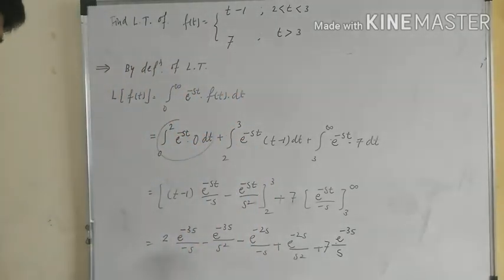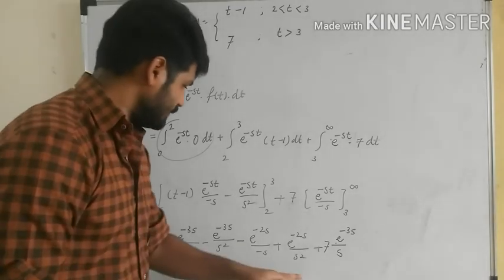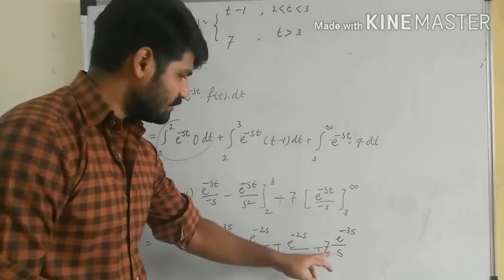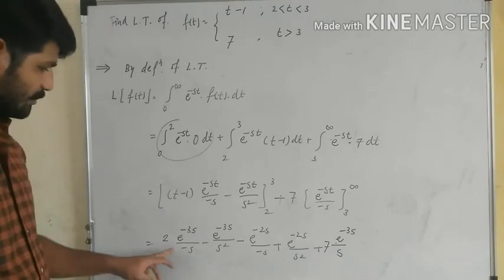Now try to simplify. If simplification is possible, then see here. This is e raised to minus 3s 7 times and this is 2 times with negative sign.